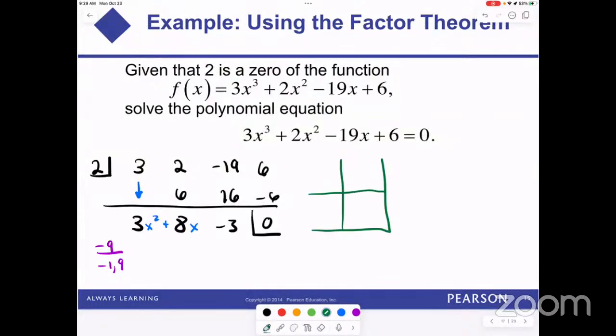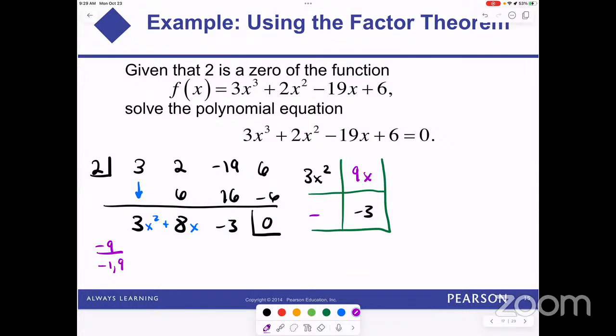On the main diagonal, we put our leading term, 3x squared, and our constant, negative 3. On the off diagonal, we rewrite that 8x using the 2 numbers we just found, so we get 9x and negative x.